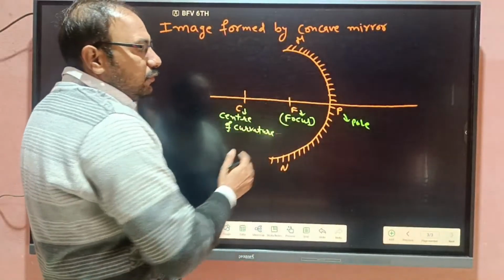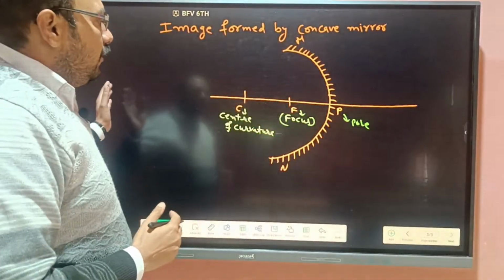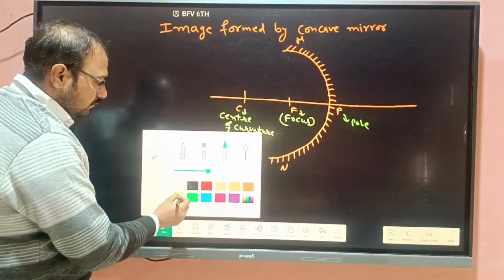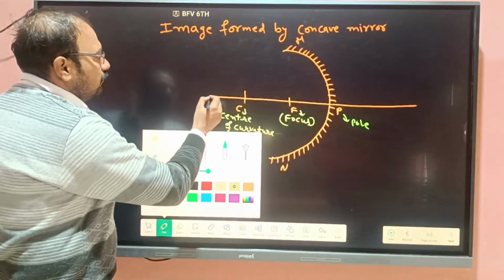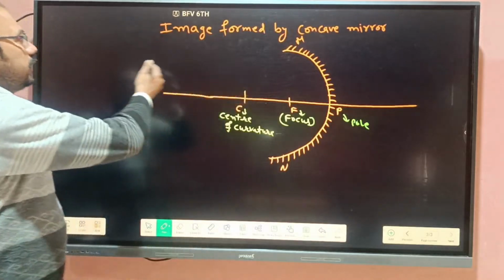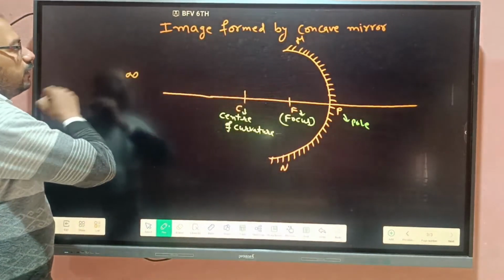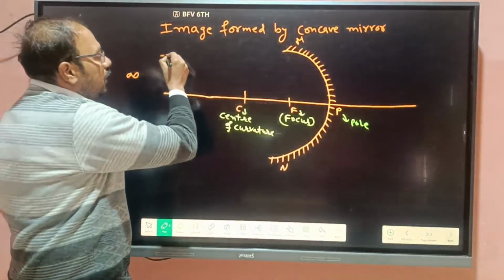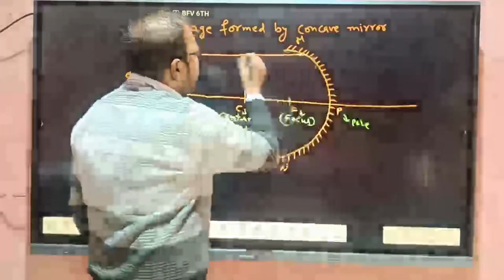First, the left hand side. We always put the object on the left hand side. First we take the example of an object at infinity. These rays are coming from infinity like this.